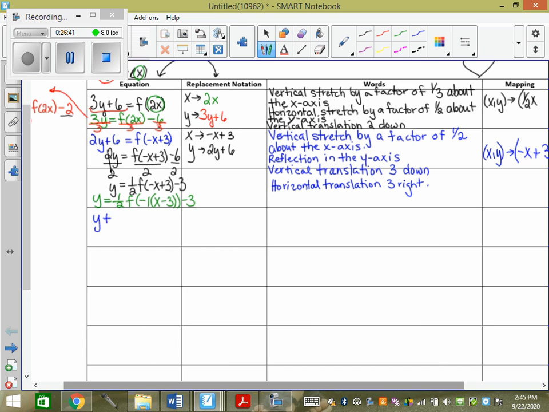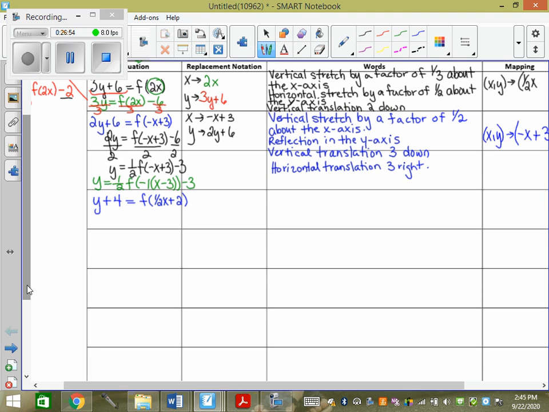Y plus 4 equals f 1/2 x plus 2. I just put it all on one side, and I'll put a 3 in the front.